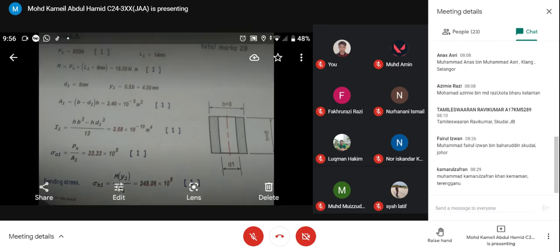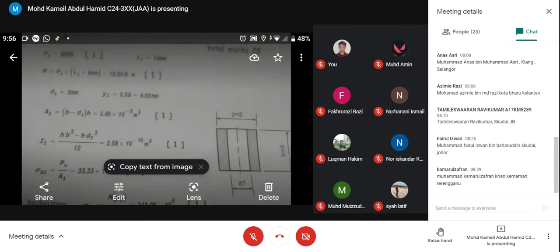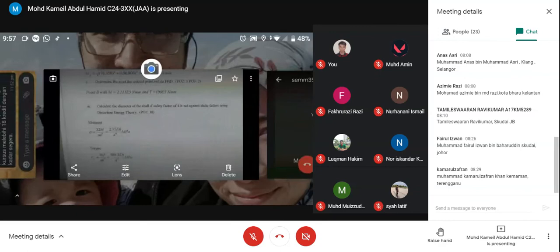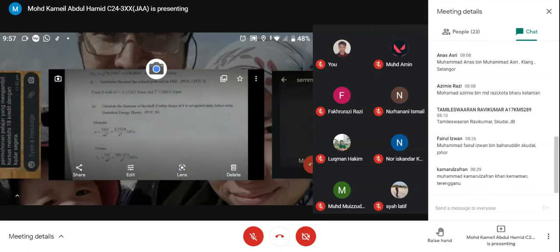Okay, PX tu akan create moment, ataupun bending moment lah. So dia punya moment is going to be PX kali L1 plus 6. Okay, itu daripada yang atas ni lah. Tambah dia balik.